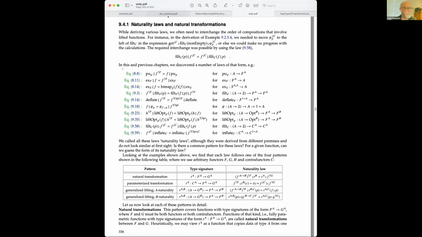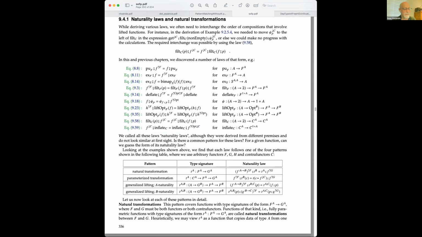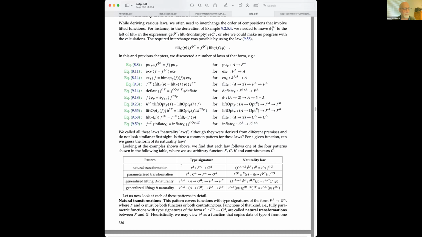Right. So yeah, this first part, he's pulling different laws that he's already explained previously and showing their form and what they're operating on and saying, oh, a lot of these have common forms, and this table here kind of gives those forms.